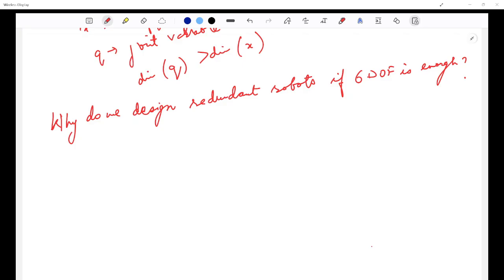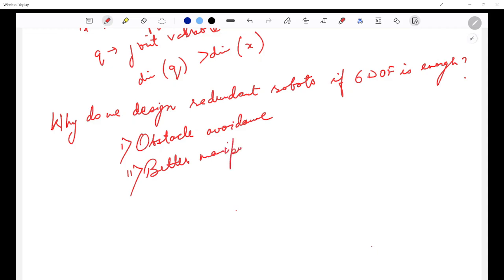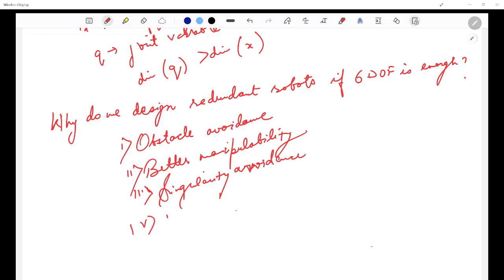Okay, so I'll tell you. These redundancies are helpful in obstacle avoidance, better manipulability, singularity avoidance, and energy optimization.